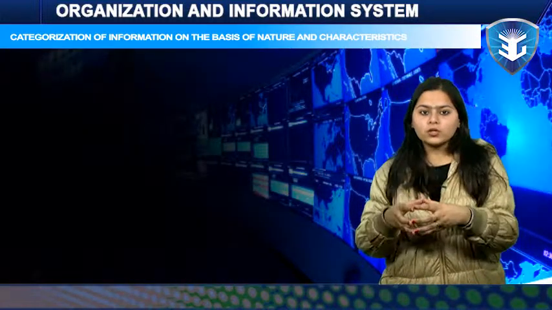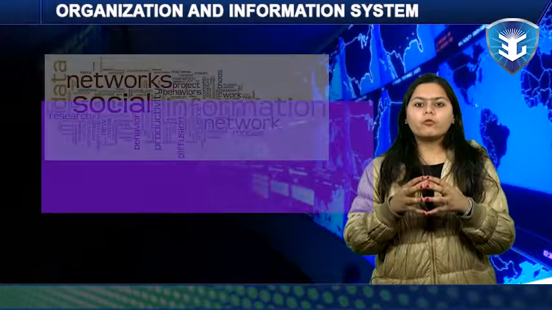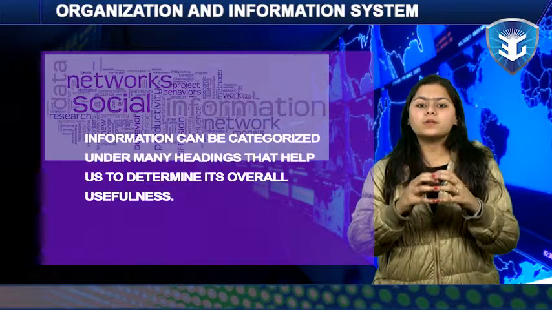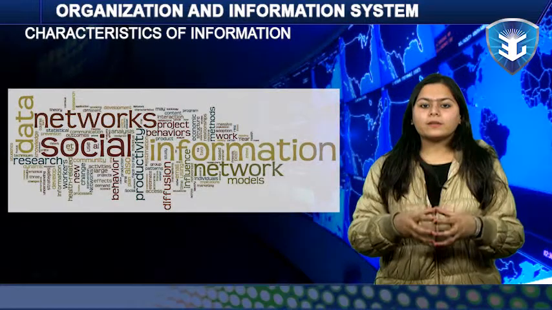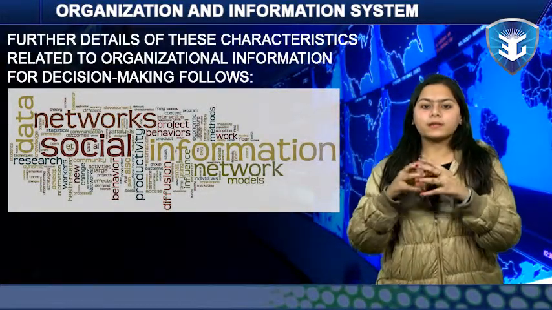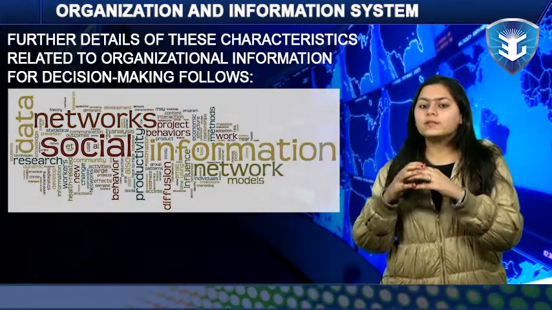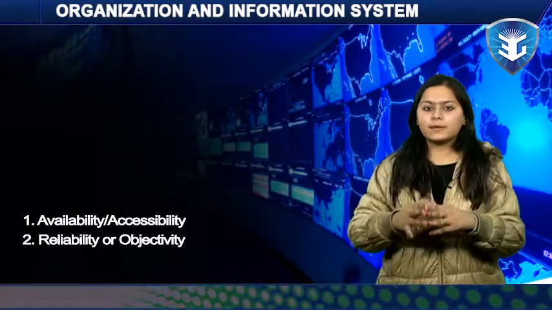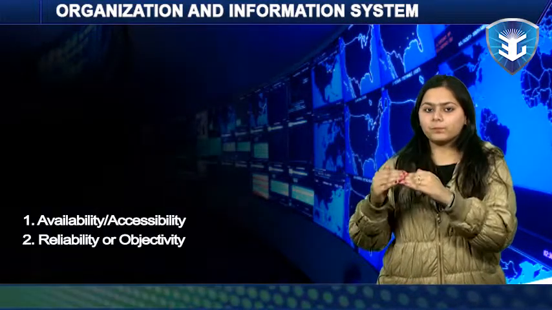Categorization of information on the basis of nature and characteristics. Information can be categorized under many headings that help us to determine its overall usefulness. Characteristics of information: further details of these characteristics related to organizational information for decision making follows. Availability, accessibility: information should be easy to obtain or access.